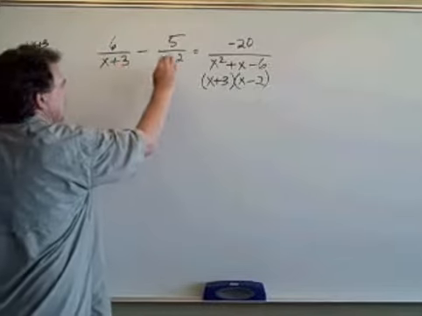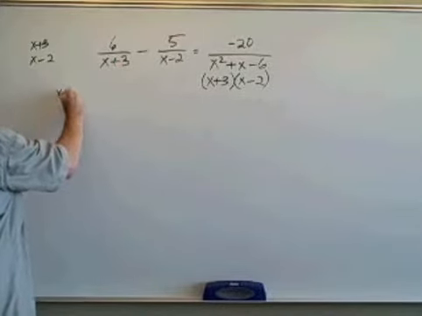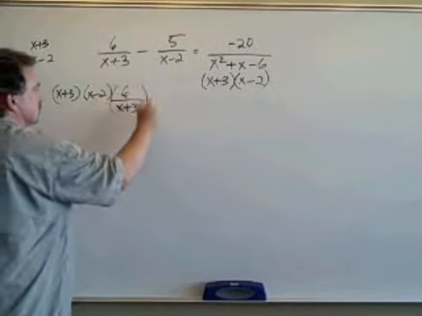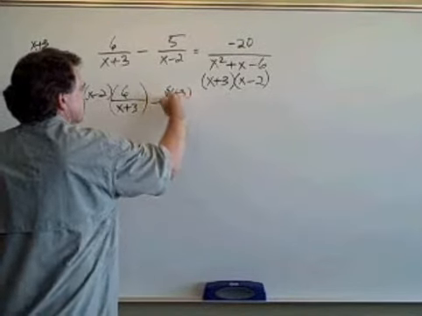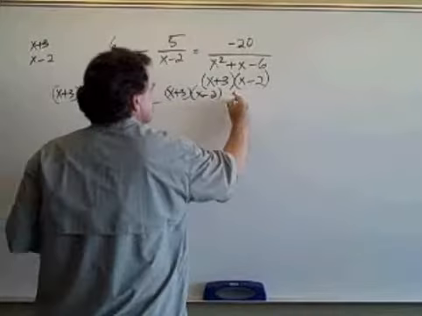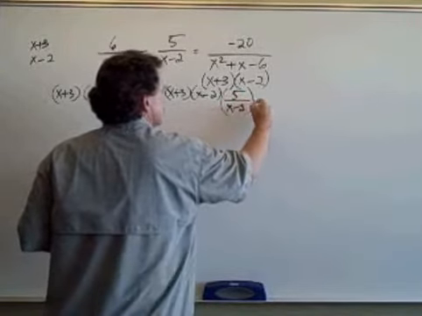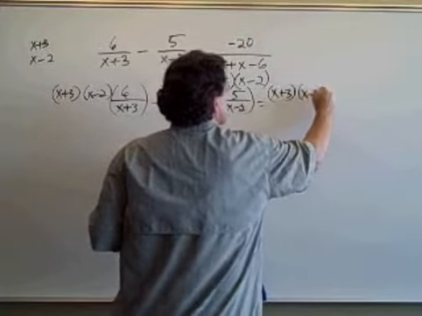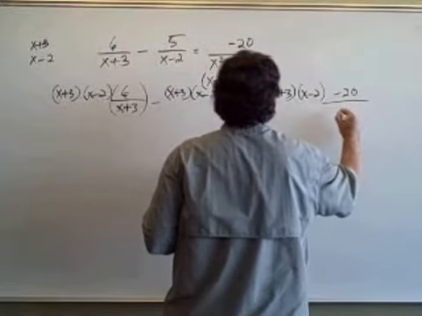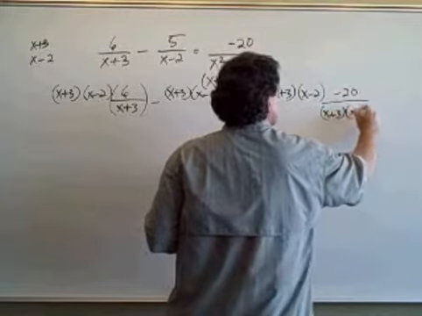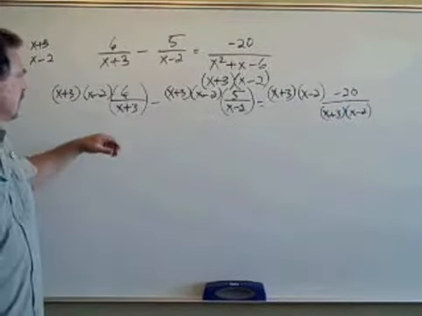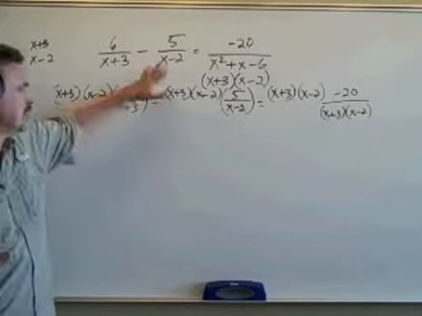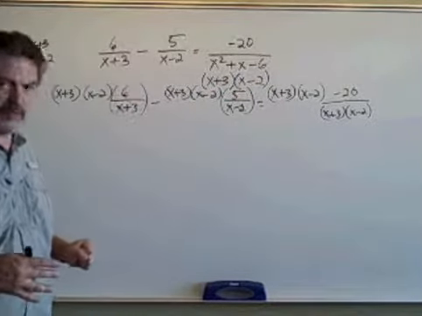So I want to take these terms. I want to take each of these terms on the left-hand side of the equation, multiply by those two binomials, and I want to take the right-hand term and multiply by those two binomials.